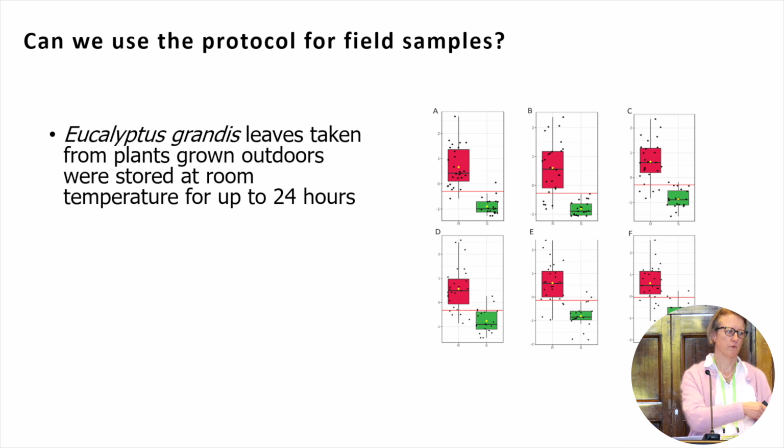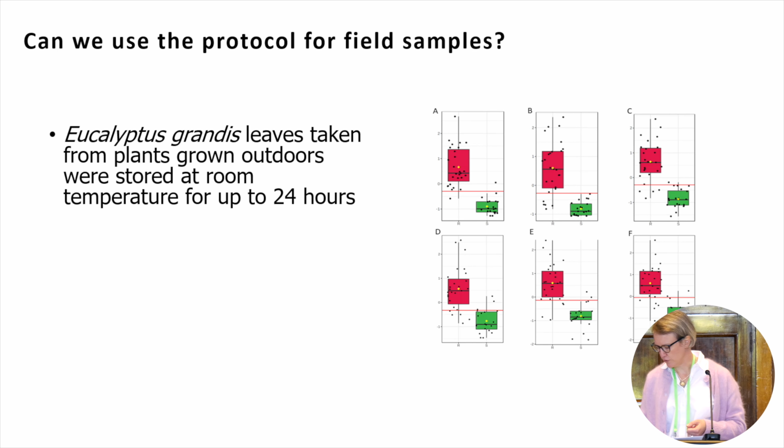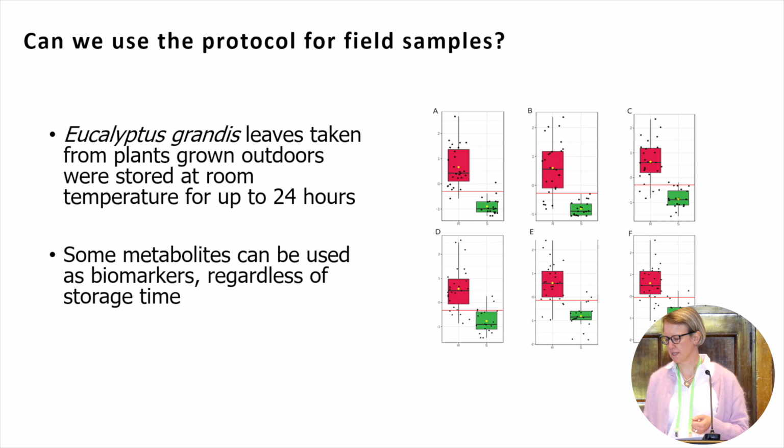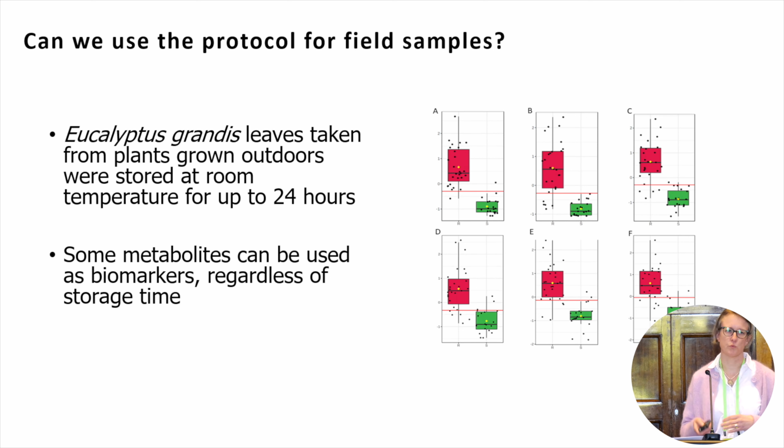And then they could be easily sent from the field to a testing facility and then used for testing for resistance. And we found that some metabolites were actually stable and so could be good candidates for testing for resistance.